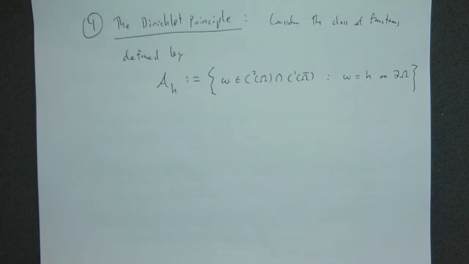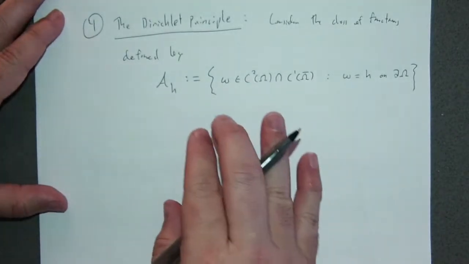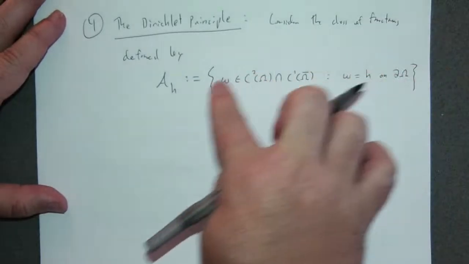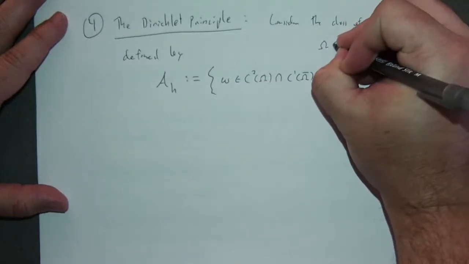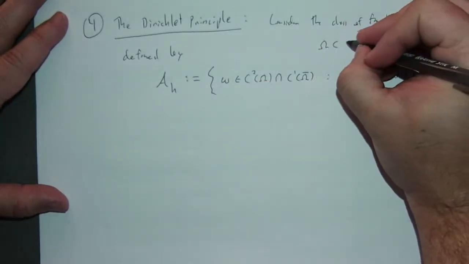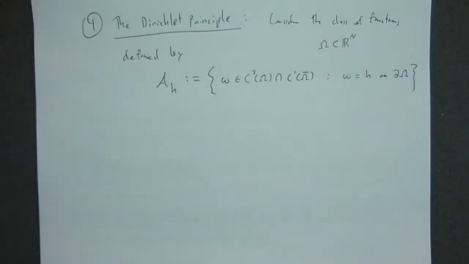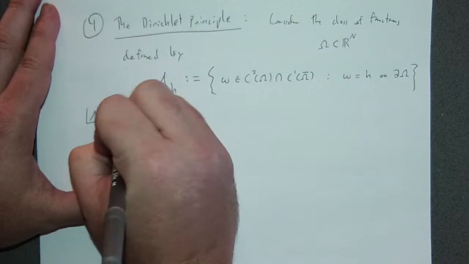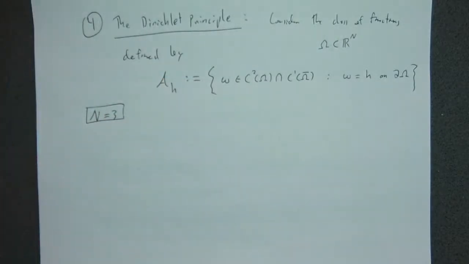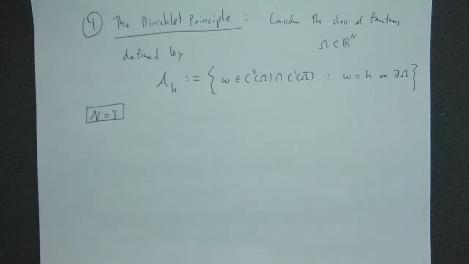Now, this is just some technicality to make sure everything works out. Notice I haven't talked about what dimension omega is in. If you like, you can always think about this in R2, or R3, but we'll just say it's in some Rn. Now, for the specific thing I'm about to define, let n be equal to 3, but you can define a similar thing for any dimension n of 2 or bigger.